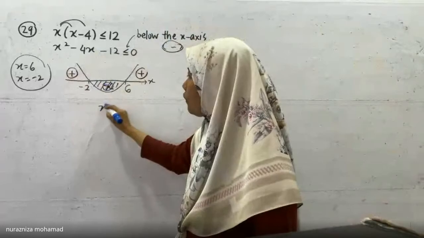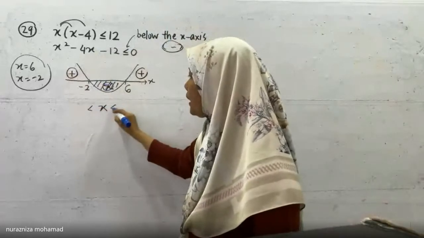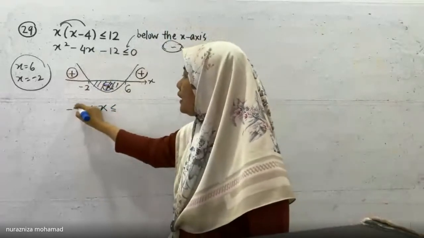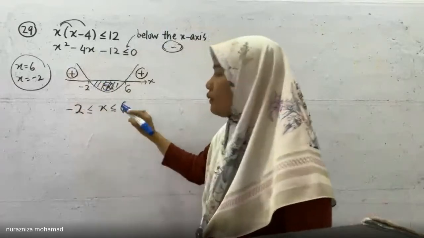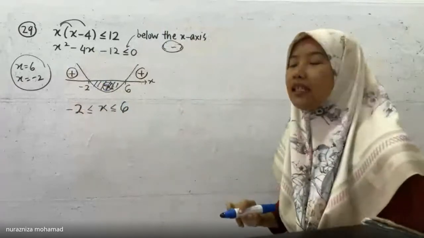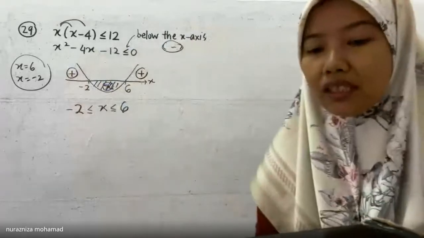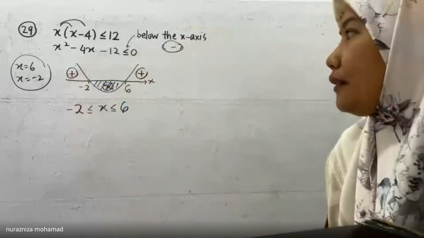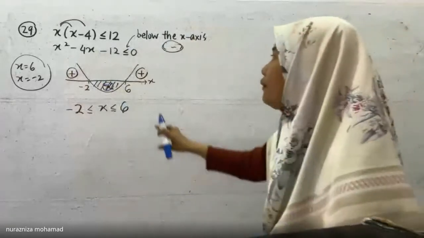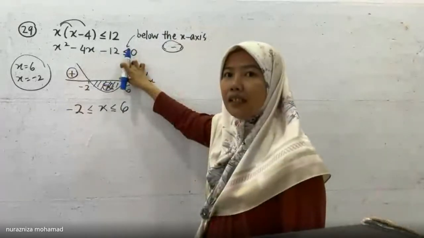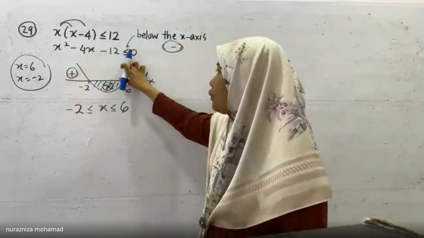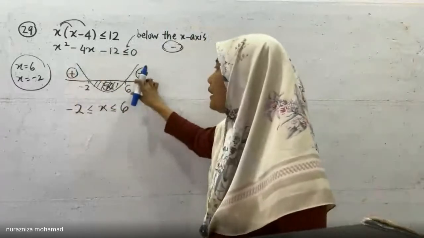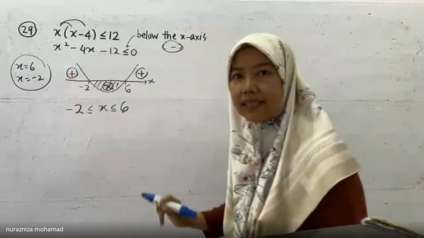So the range of value of x will be x is between negative 2 and positive 6. Okay, that is the solution for question number 29. Okay, if this symbol is greater, more than, so we choose the positive part, so above the x-axis.